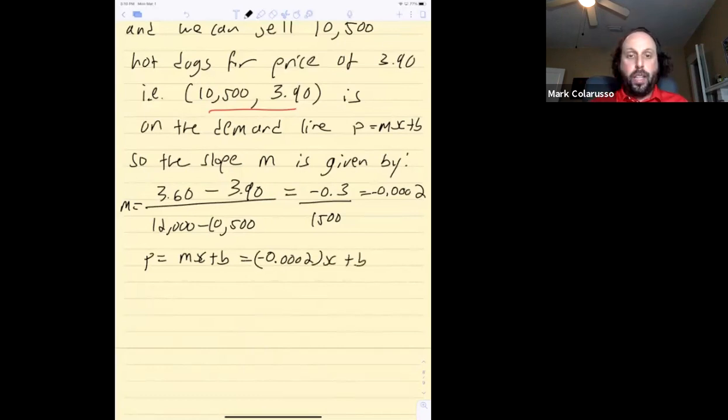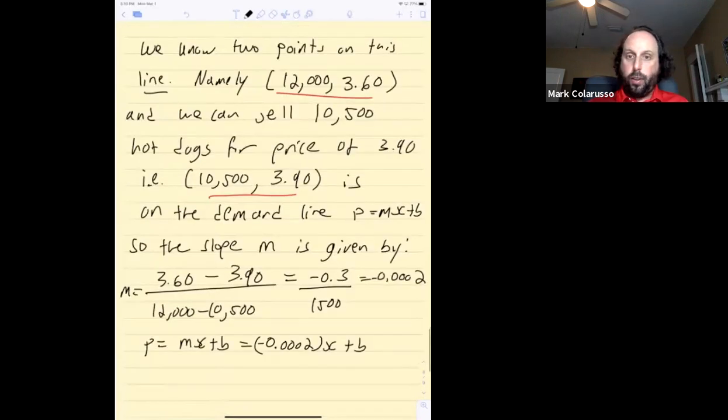And now to find b, we can just plug in either one of these points into this equation here. Either one is good. So I'll use the first one again.